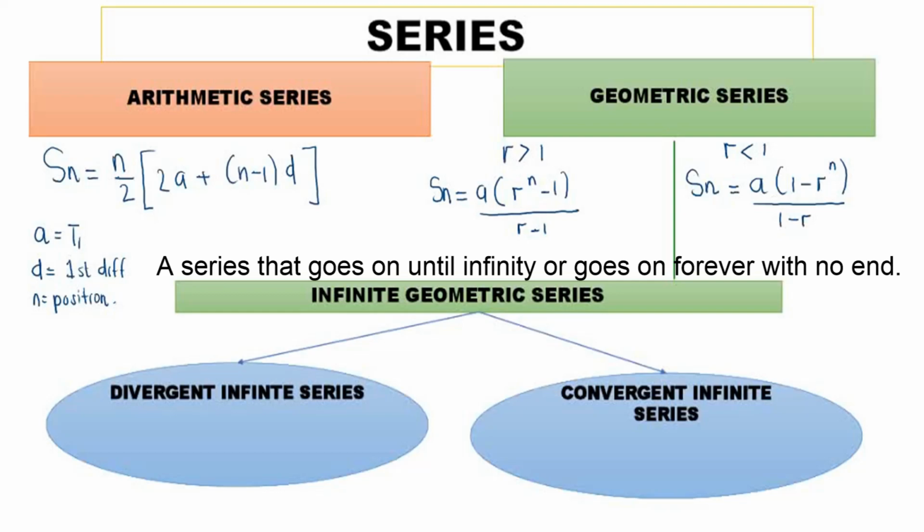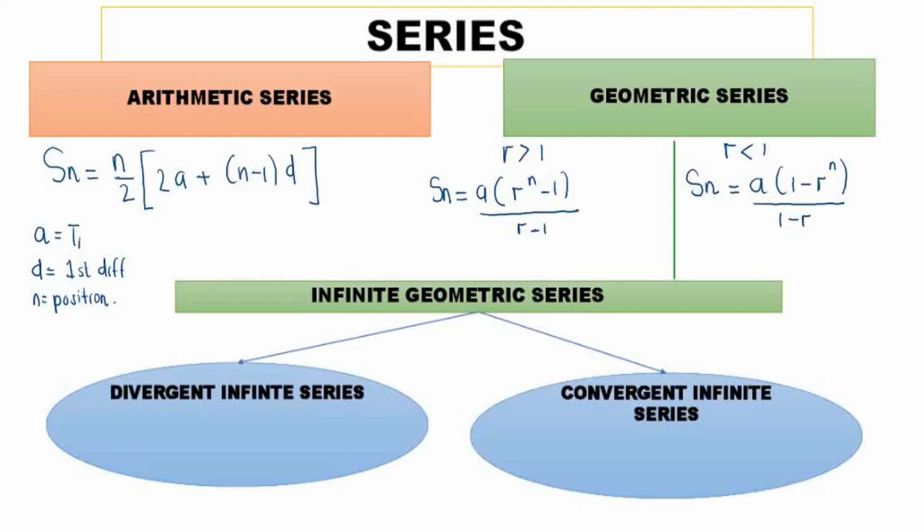And with these infinite geometric series, you get two types of them. You get a divergent infinite geometric series, and you also get a convergent infinite geometric series. So what is the difference between the two? With a divergent infinite series, the terms of the series are all positive numbers.